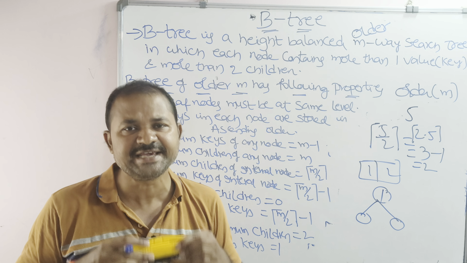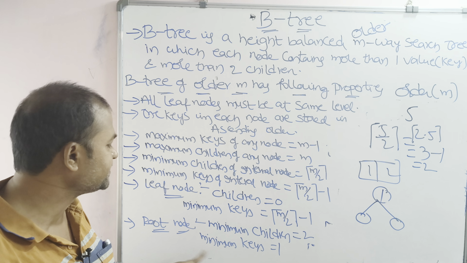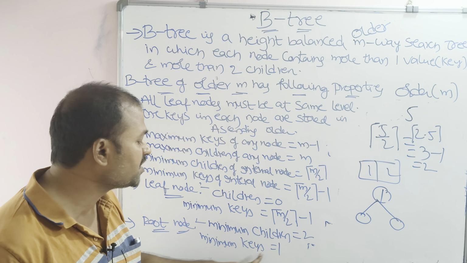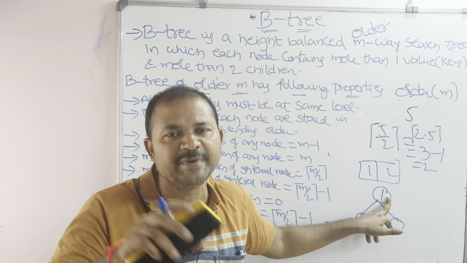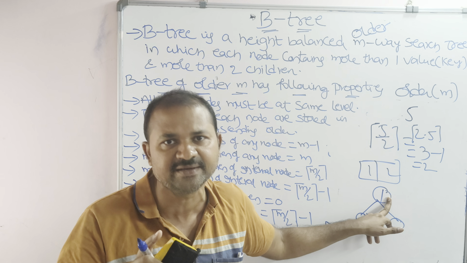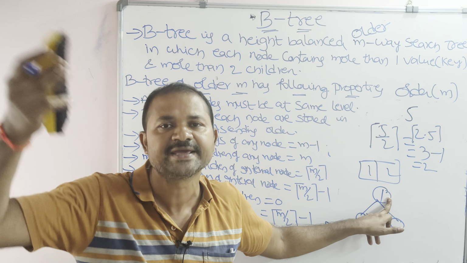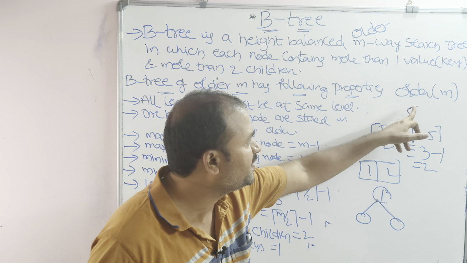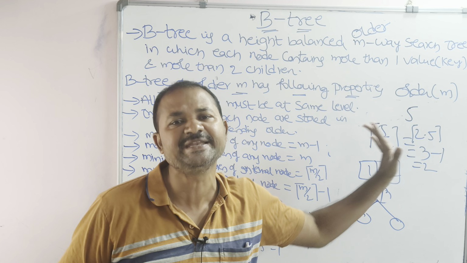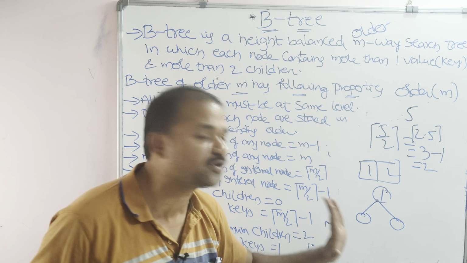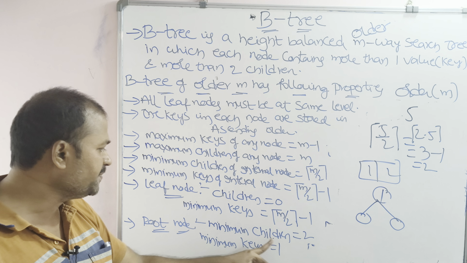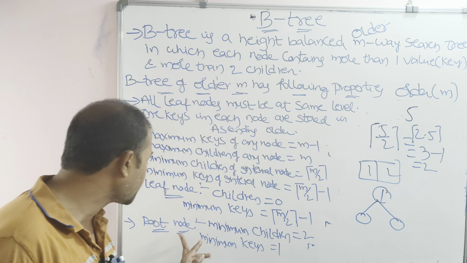Next, let us see about root node properties. The minimum keys of the root node is 1. So in the root node, minimum we can store 1 key. Maximum can be any number of keys, which depends upon the order of the B tree. The minimum children of the root node are 2.